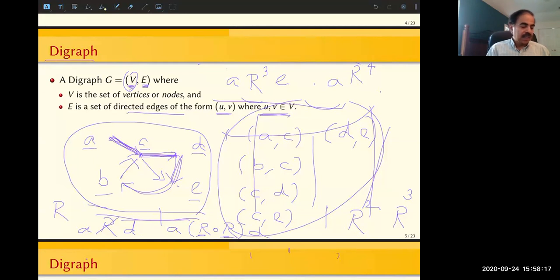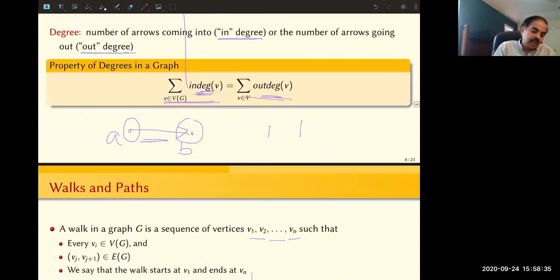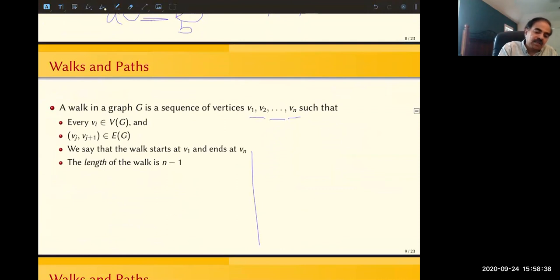So a walk does not have too many constraints. It just requires that the vertices that you list consecutively in your walk have an edge between them in the right direction. So we have a sequence of vertices that are part of a walk. And then what we need is an edge going from, say, V1 to V2, then V2 to V3, and V3 to V4, and so on.